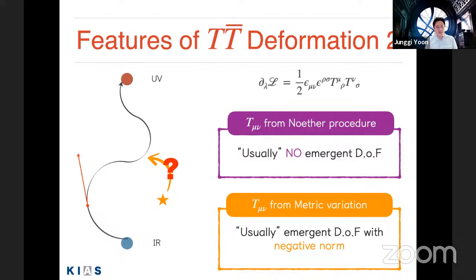But this does not mean that TT-bar deformation can be coupled to a new degree of freedom, but it just means that there is some correct definition of the energy momentum tensor which does not give an extra degree of freedom. The example in our paper tells us that the energy momentum tensor from the Noether procedure usually, not always, leads to the expected properties. But this is not true in general. The example is the TT-bar deformation of the gauge theory.